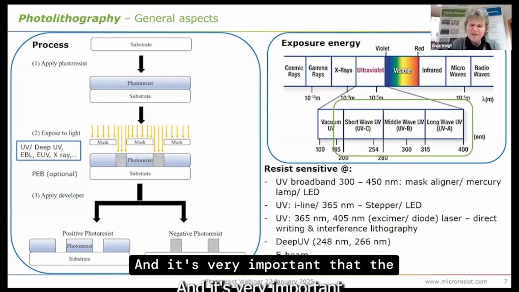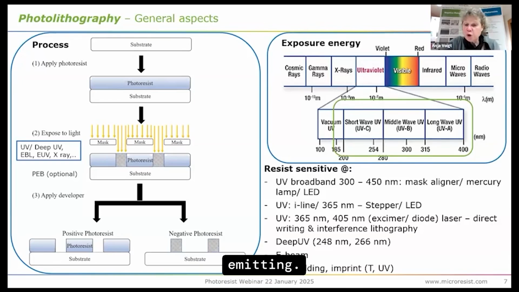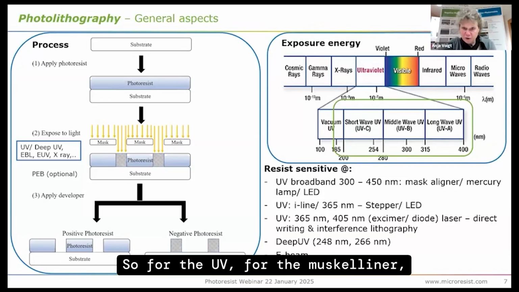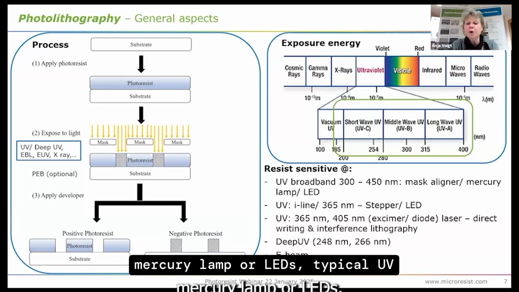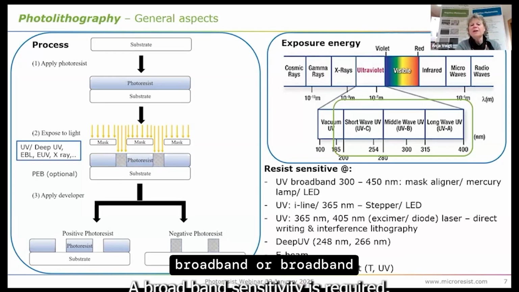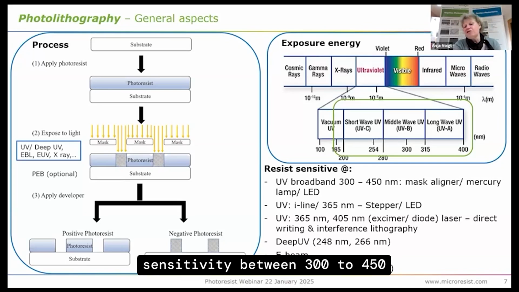And it's very important that the resist has to be sensitive at the light the exposure tool is emitting. So for the UV mask aligners, which are available using either mercury lamp or LEDs, typical UV broadband sensitivity is required, having a sensitivity between 300 to 450 nanometers for the resists.